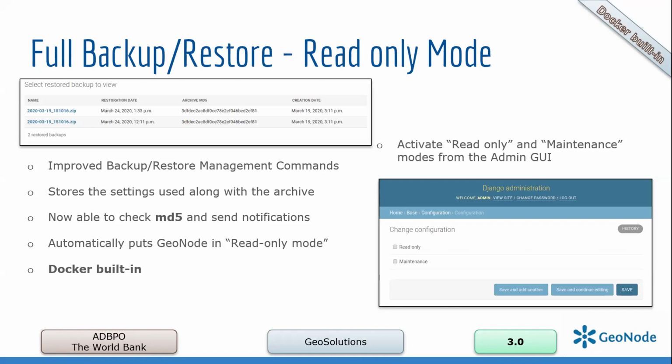So GeoNode will be, let's say, in a sort of read-only mode. This read-only mode can also be manually enabled by the administrator through the Django administration user interface. So the administrator can check the read-only mode and automatically transform the instance into a read-only instance for standard users.